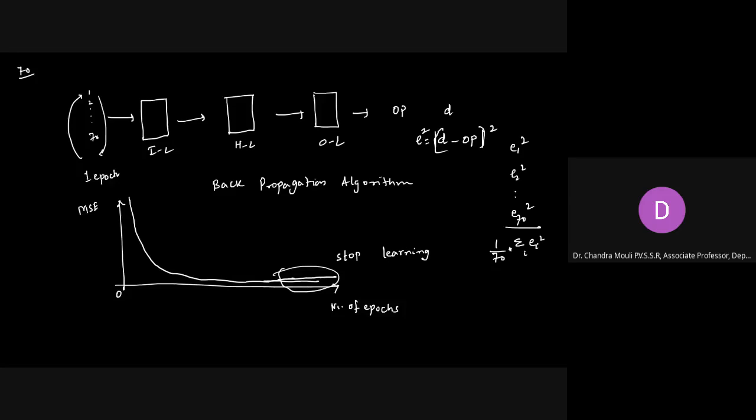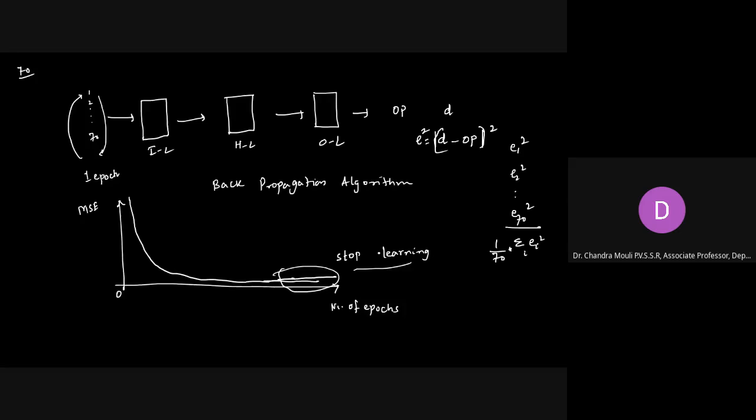Some people use the criterion that the change in the mean square error should be very minimal, or some people use 1000 epochs or 2000 epochs like that. They run it based on the number of epochs to ensure that the learning has been done.